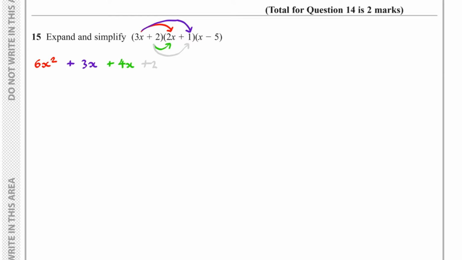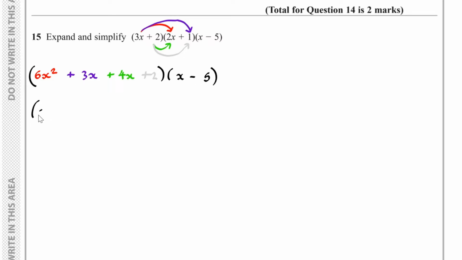Okay, so what we have over here is this bracket multiplied by x minus 5. So here we've got 6x squared plus 7x plus 2, lots of x minus 5, and our job is to expand all this out. So here we've got 6x times by x, so that's 6x cubed.